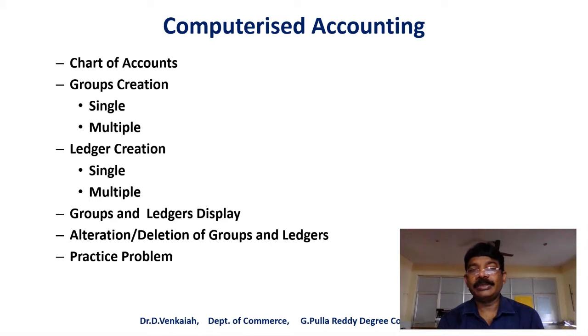Under assets we have fixed assets, and under expenses we have direct expenses and indirect expenses. The software is mapped or created like a chart. So we learn what a chart of accounts is.